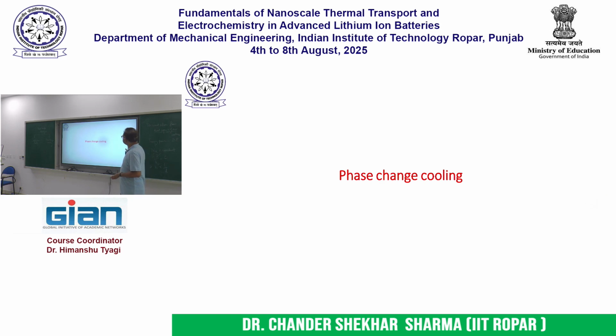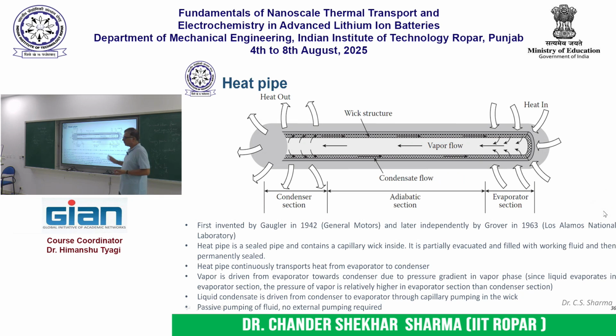In phase change cooling, one of the devices that has been used a lot, both for cooling of microprocessors and also being explored for thermal management of batteries, is a heat pipe. Many of you would have already read about this in your undergrad heat transfer. A heat pipe is basically a device to transfer phase change based heat from a heat source to a heat sink.